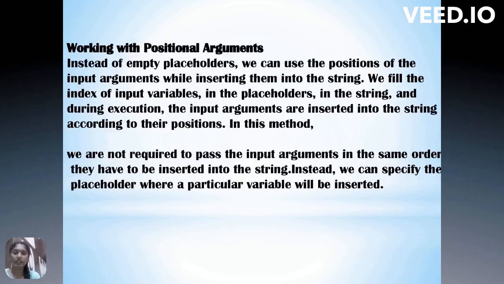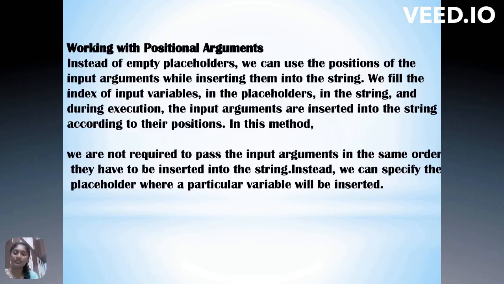Next, we see working with positional arguments. Instead of empty placeholders, we can use the position of the input argument. By inserting the index of the input variables in the placeholders in the string, the input arguments are inserted into the string according to this position during execution.